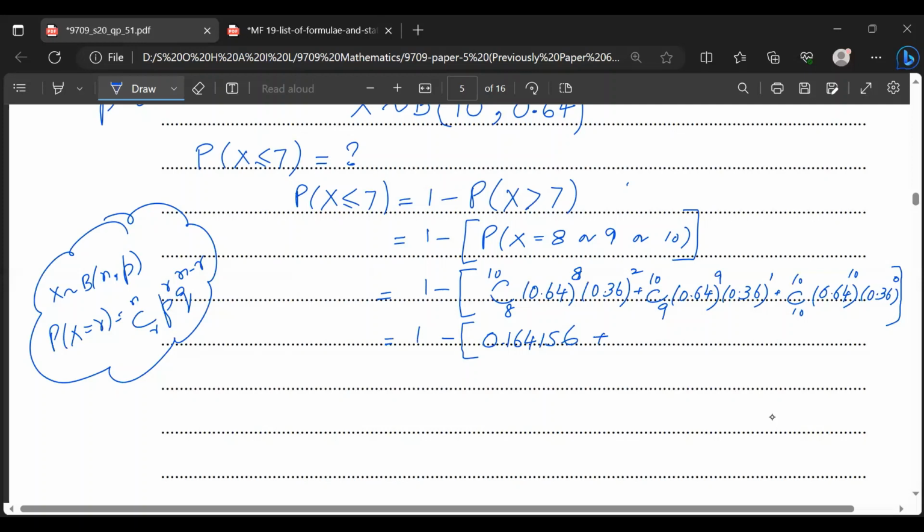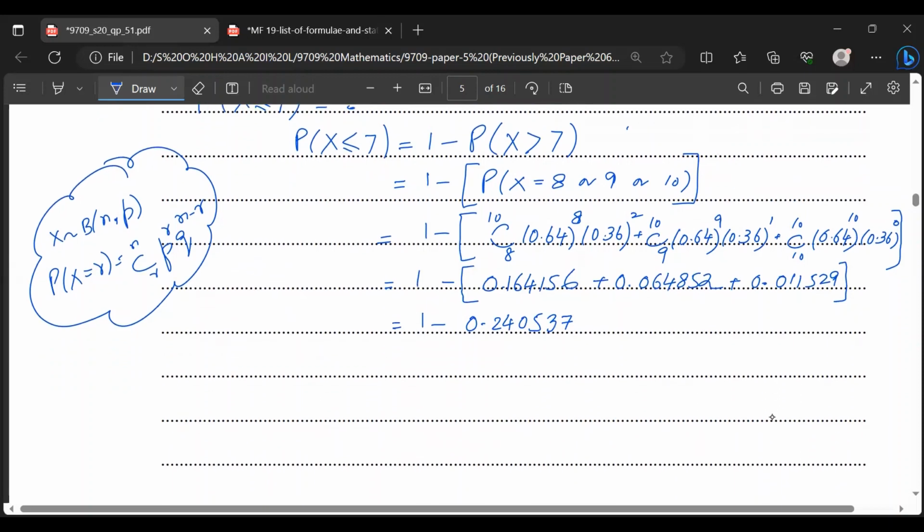For the second, the working answer is 0.064852, and the last is 0.011529, and the sum of all these is 0.240537.